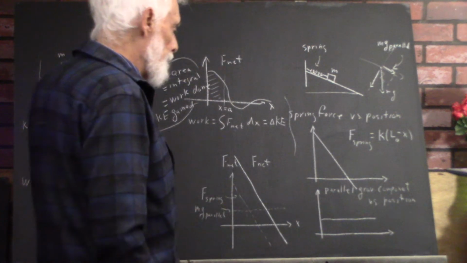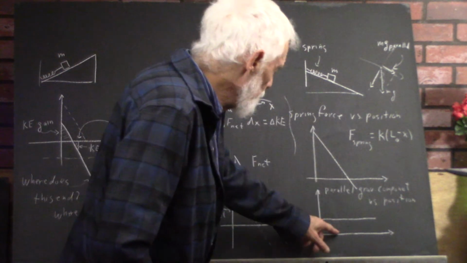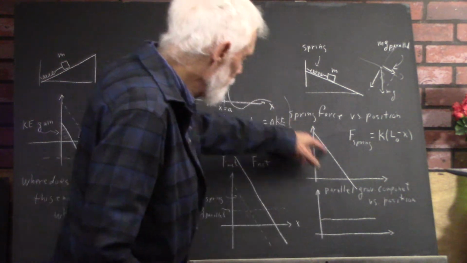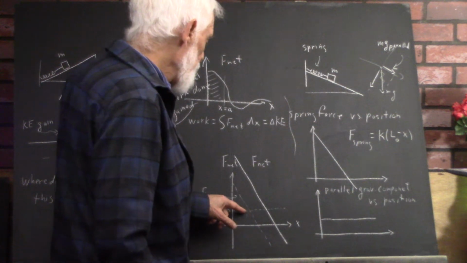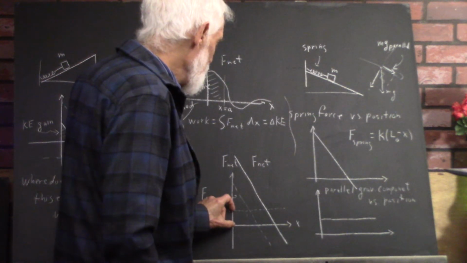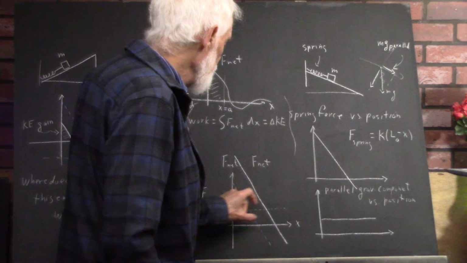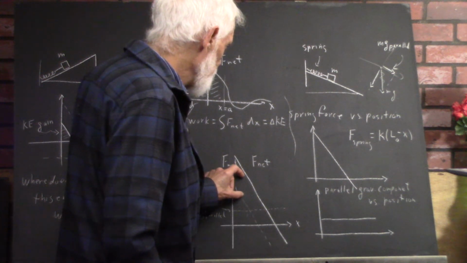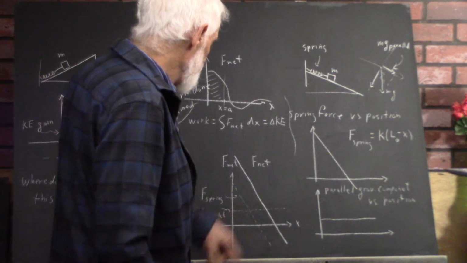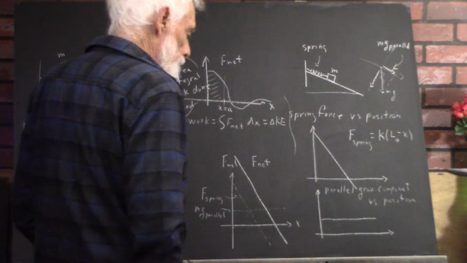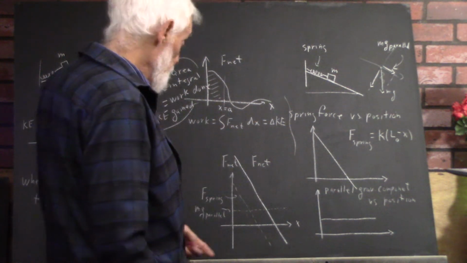Over here, we then add these two. This dotted line represents this, and this dotted line represents this, and when we add this to this, it raises every point here by this much. So you get a net force diagram here. And again, you have increasing kinetic energy.